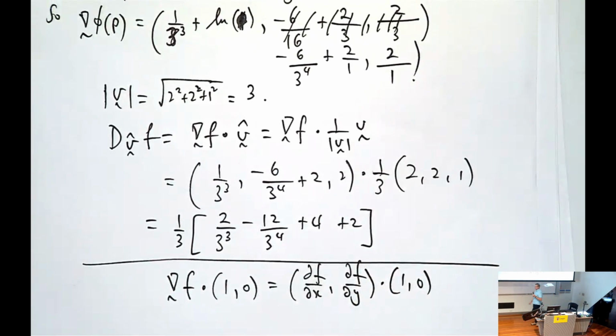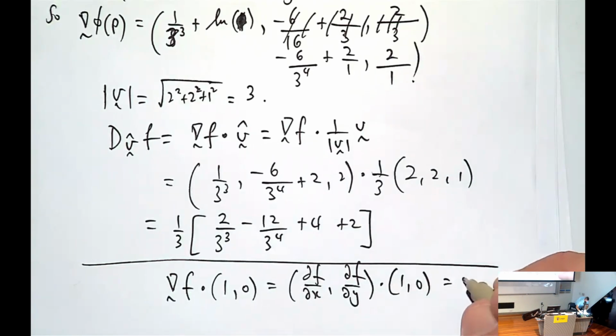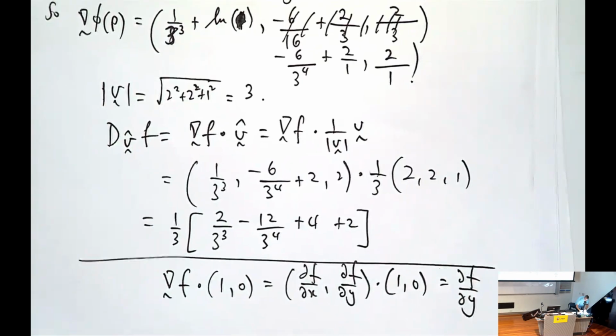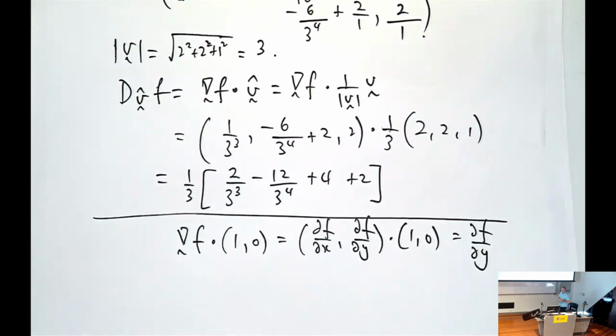What is this dot product? If you simplify this, what do you get? df/dx, the derivative. So the derivative that we learnt is a special case of this general directional derivative.